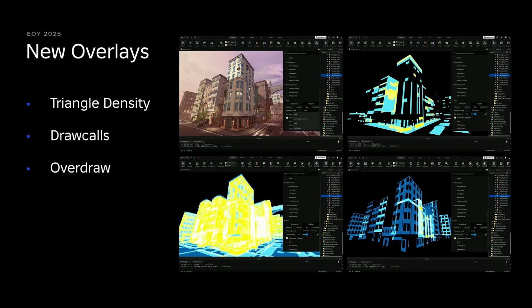With these new overlays, in both edit mode and play mode, you can have a highlighted heat map of the triangle density, potentially draw calls or overdraw, or even more. With that, you can easily identify where you need to pay more attention. I believe if we had this five months ago, the Grow a Garden team would immediately have identified the coconuts of doom in no time.